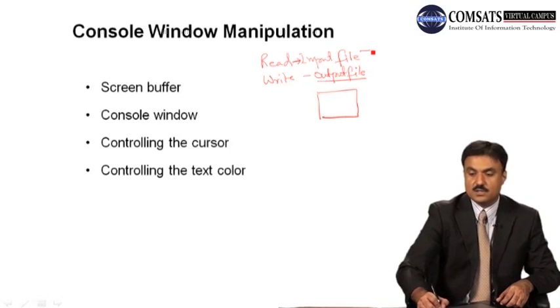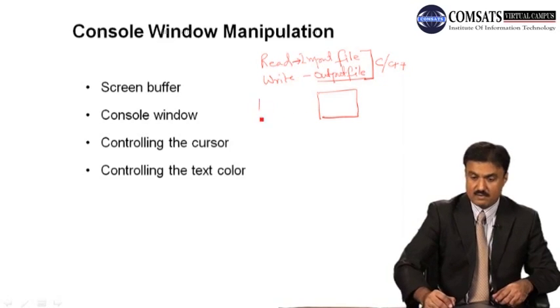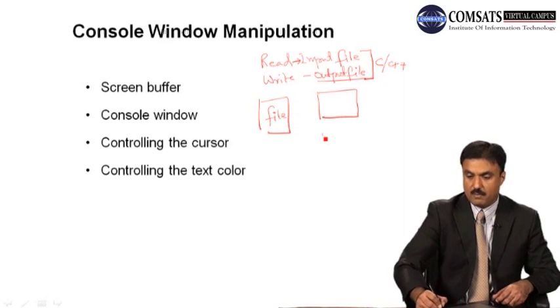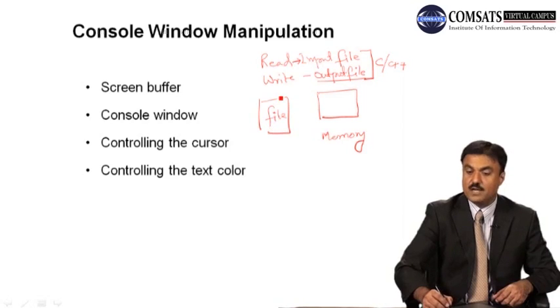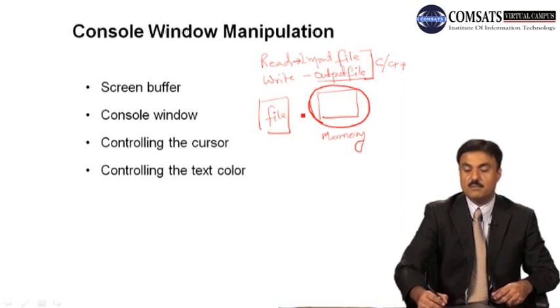Now this concept is also used in C, C++ or other languages. What is this option? We have a file and we have a memory area. So we are going to open a file in input mode. These modes are referenced from the perspective of the memory.